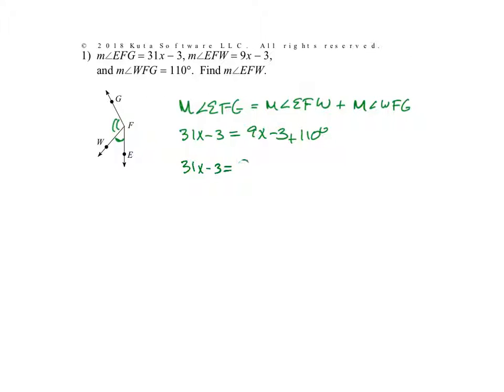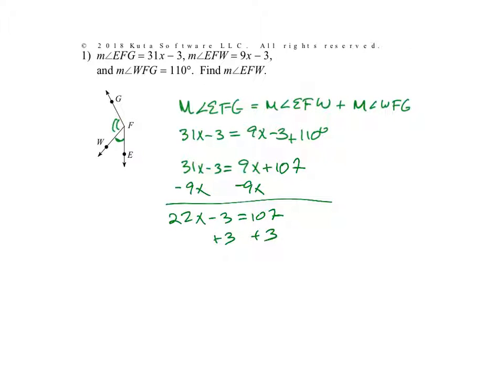So I'm solving this equation. 31x minus 3 equals 9x plus 107. I subtract 9x on both sides, so 22x minus 3 equals 107. Add 3 on both sides, so 22x equals 110.